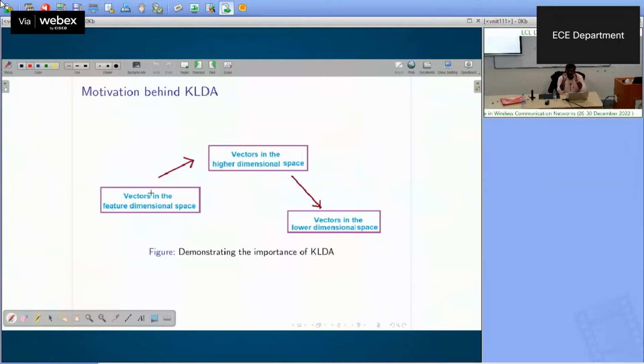Another very interesting one, which is what I love in machine learning techniques: many of the techniques use this kernel trick. This is the one which makes machine learning very interesting.